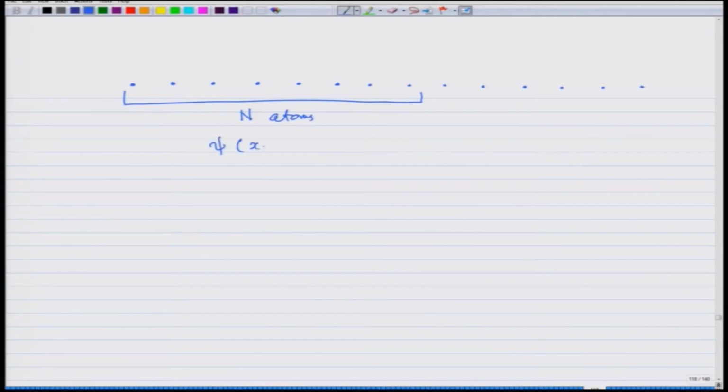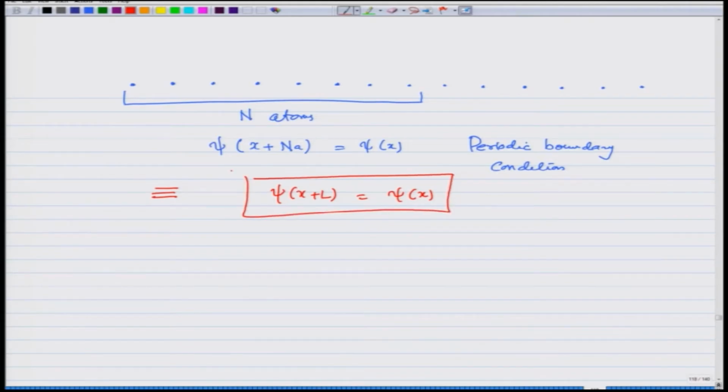So, psi(x plus N a) is equal to psi(x). This is the periodic boundary condition. This is equivalent to, recall, what we had in metals, psi(x plus L) equals psi(x). The L is replaced by N a. So, that is point number 1.